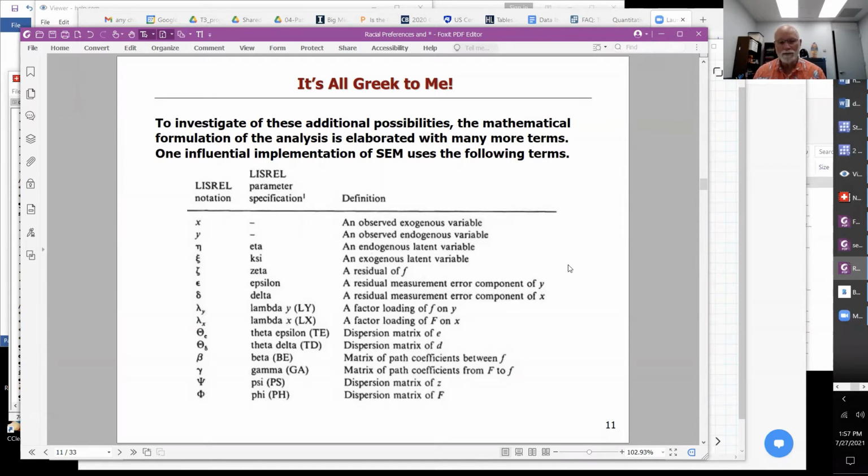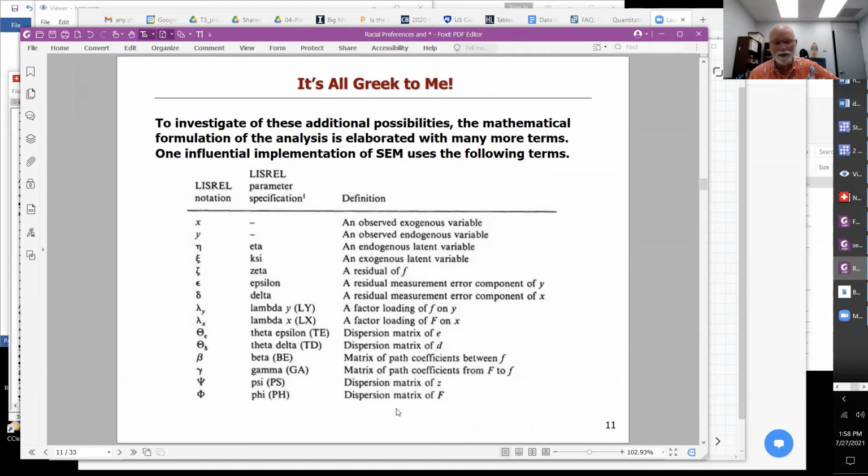And it's a blizzard of Greek letters: eta, psi, zeta, epsilon, delta, lambda, theta, epsilon, theta, delta, beta, gamma, psi, phi. So we all are now in the sorority fraternity world.